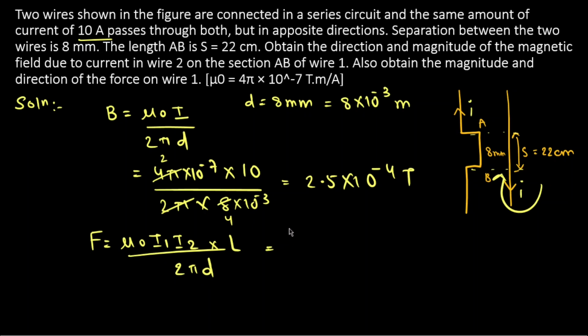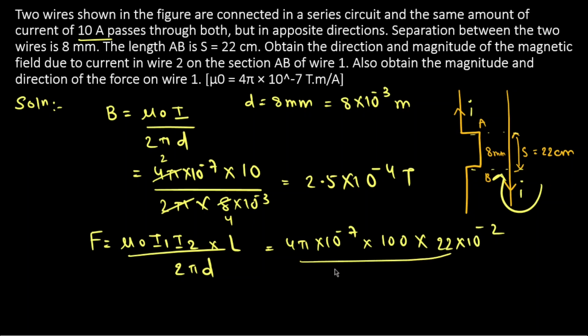So let's put all these values. We get 4 pi into 10 raised to minus 7 into I1 and I2, both are 10 amperes, so 100, into L, the distance is 22 centimeter, so 22 into 10 raised to minus 2, divided by 2 pi into 8 into 10 raised to minus 3.